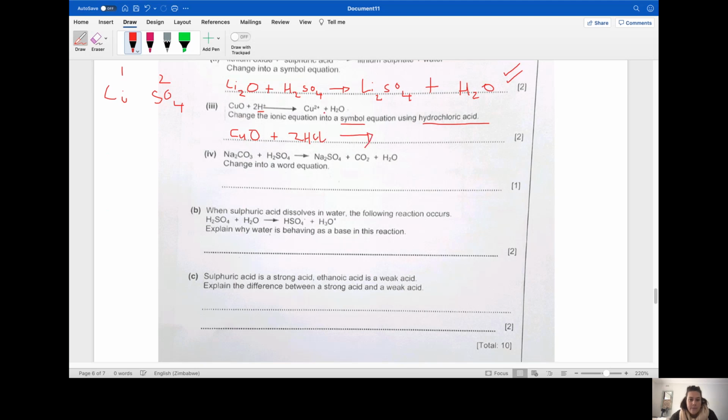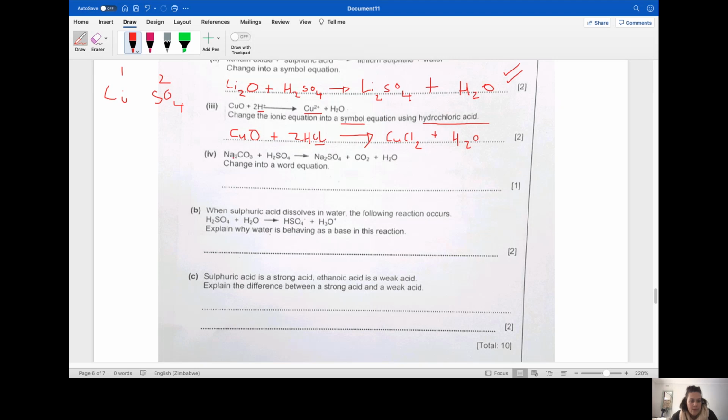You then have to figure out, if I've got Cu2 plus here, that must have come from the salt. My salt is going to have chloride in it because I've got HCl, and I get CuCl2, and then I get water.